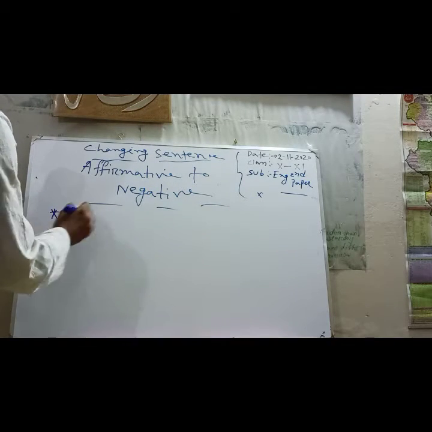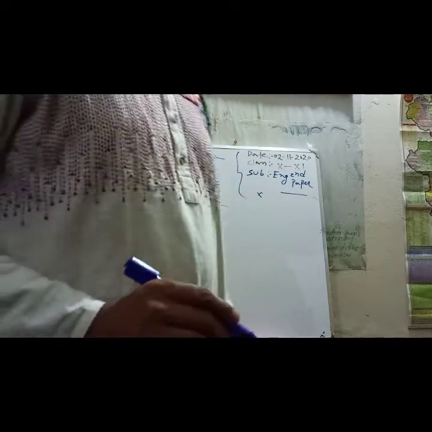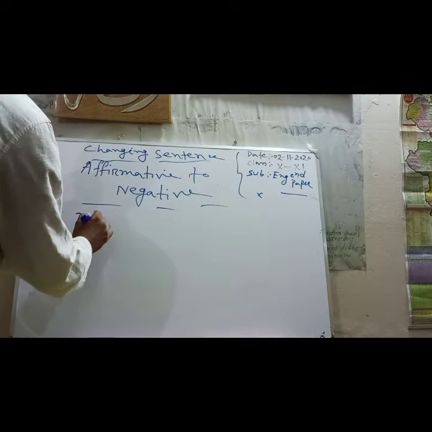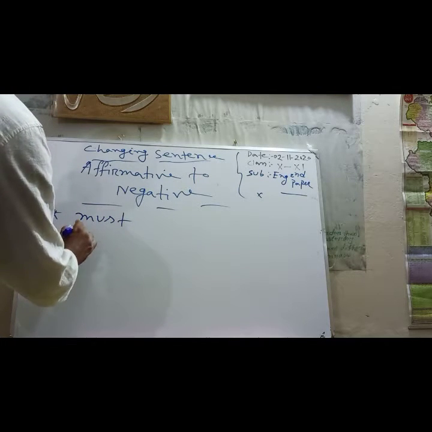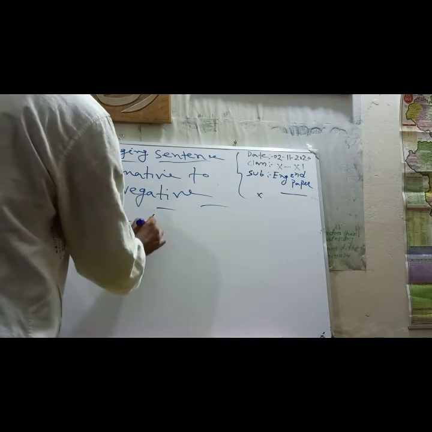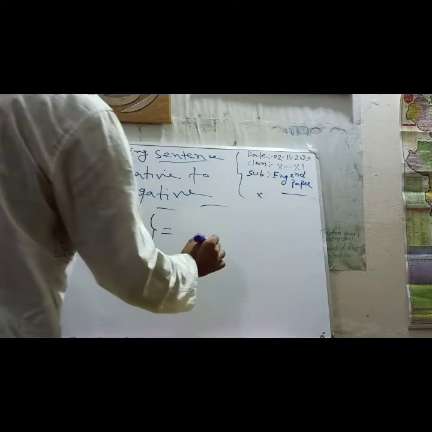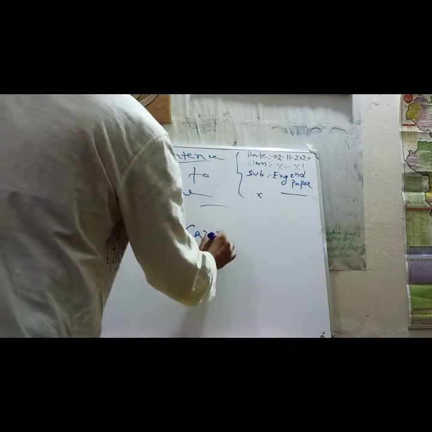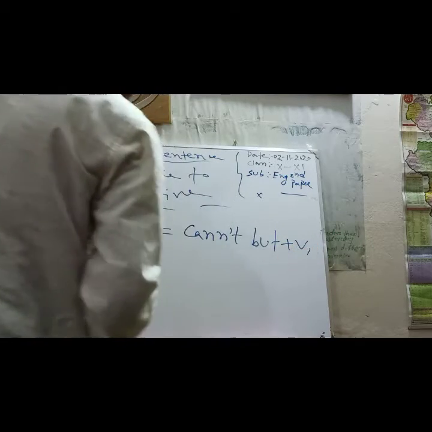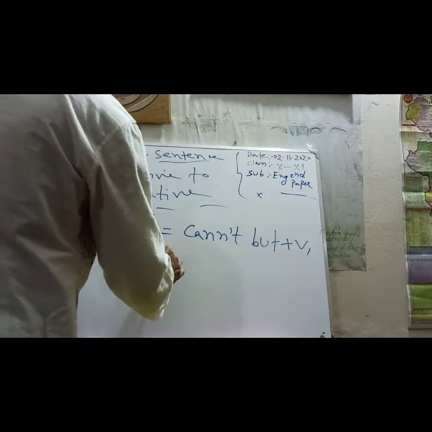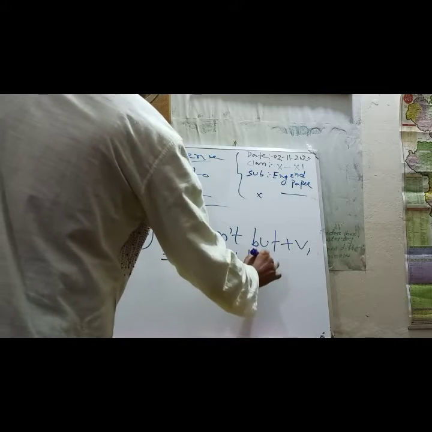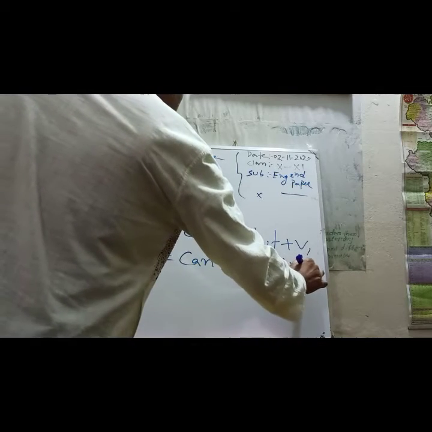In the first row, we can see must, have to. Cannot but plus V1, or cannot help plus V plus ing.